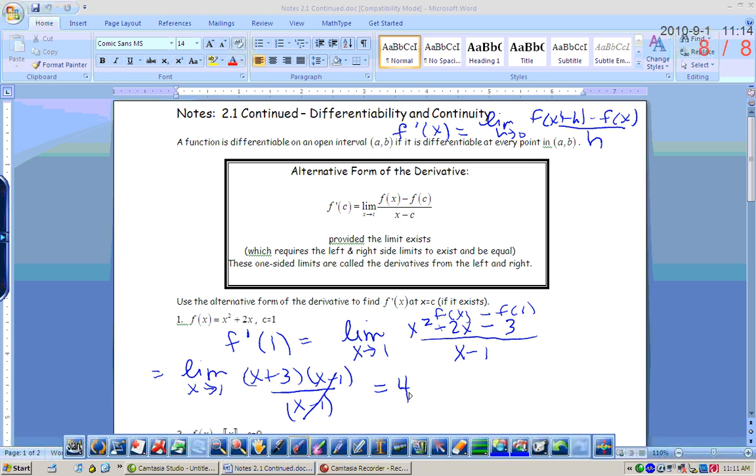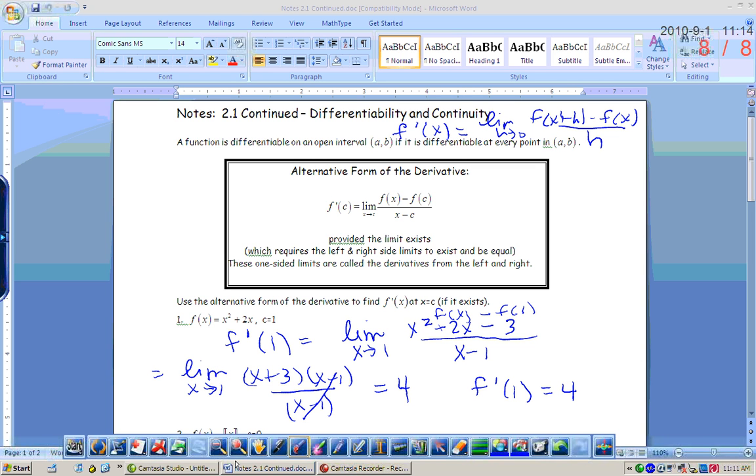So that limit is 4. So what I've just found is that f prime of 1 equals 4. The slope of f of x when x equals 1 is 4. So a little bit shorter than what you had to do last night, maybe?